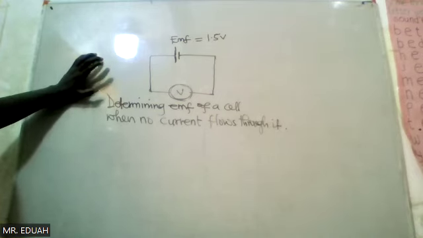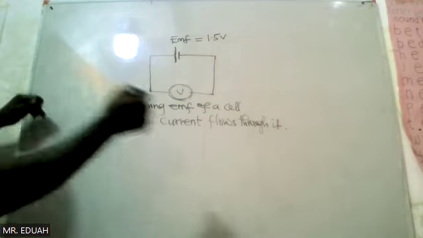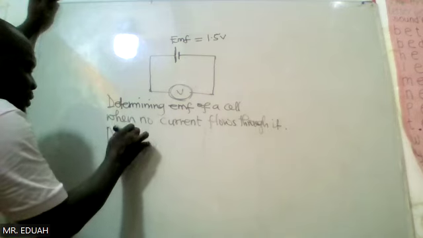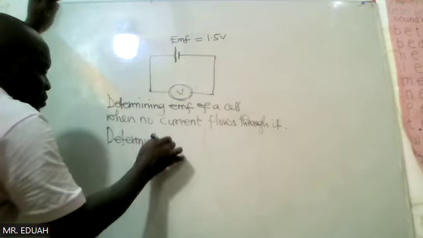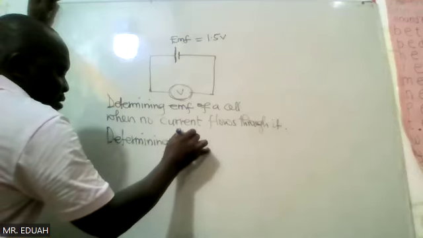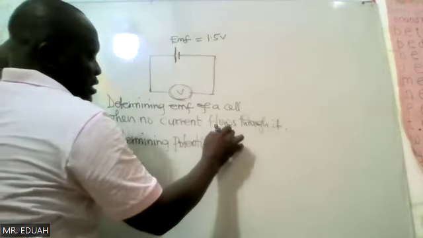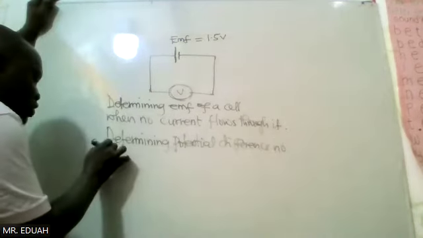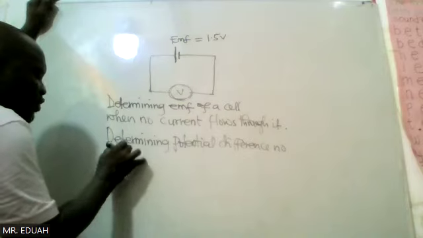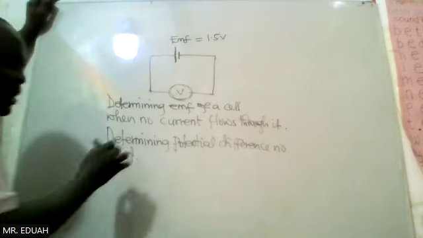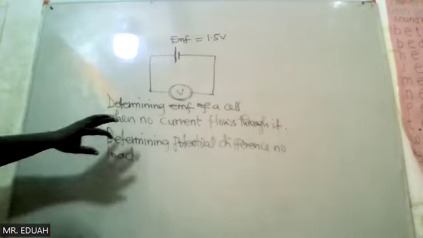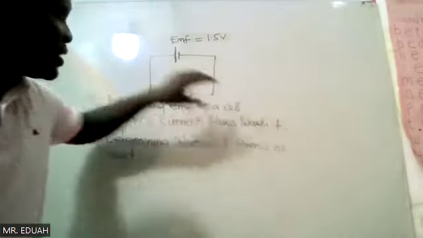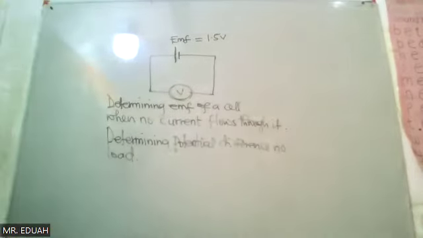This is also termed as determining the potential difference of the battery at no load. No load means that there is no resistor connected. Over here, we said when no current flows through it, no current flows through the resistor.